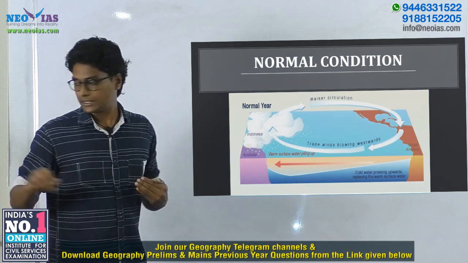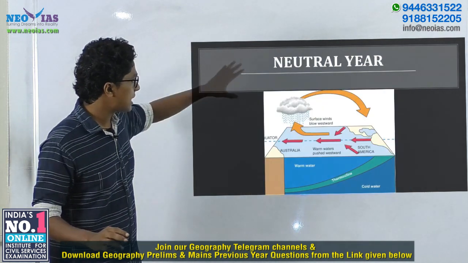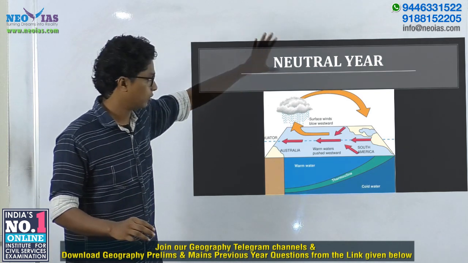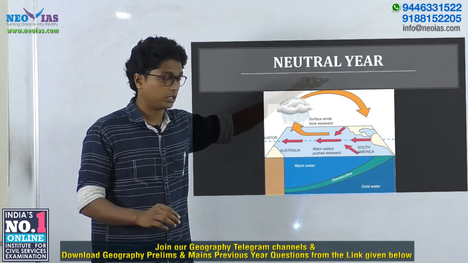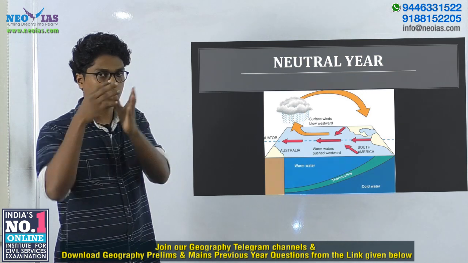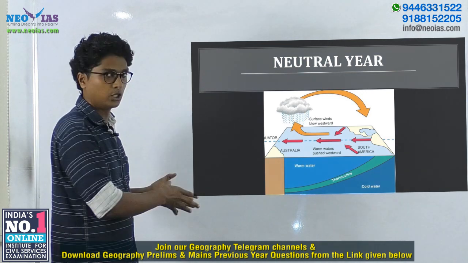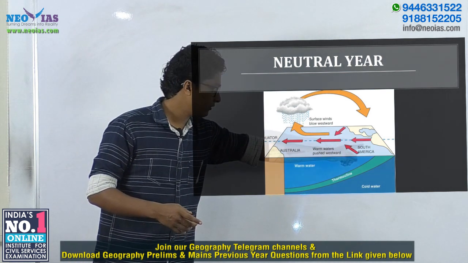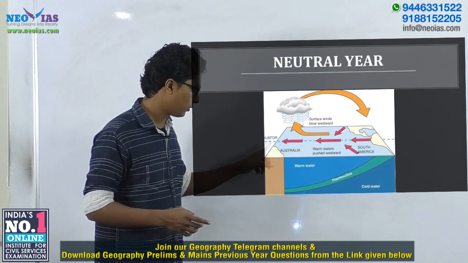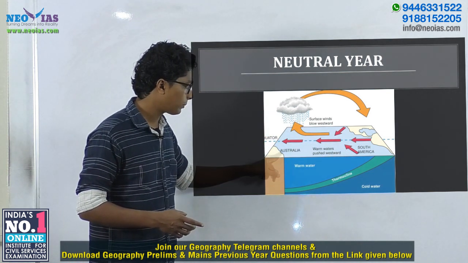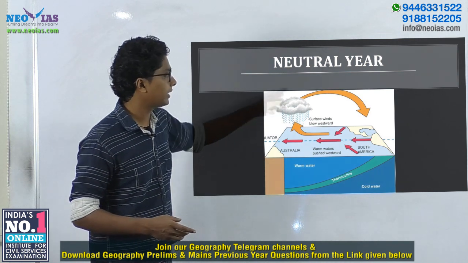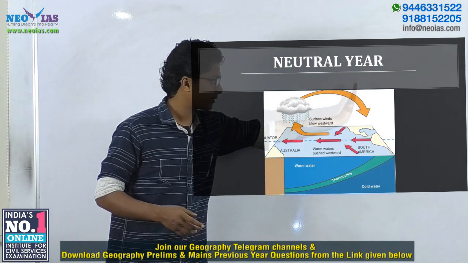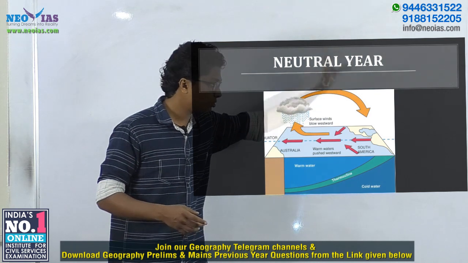And next, let's take a look at another picture showing the same normal condition, or another word is neutral year. Neutral year means it's neither a La Nina nor an El Nino year, right? So in a neutral year, as you can see here, the trade wind will be blowing from South America towards the Australian regions. Warm water piles up over here, it goes up creating clouds and the air goes back in order to complete the circulation.